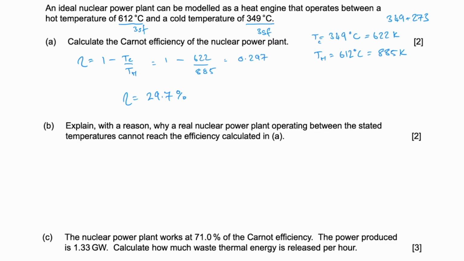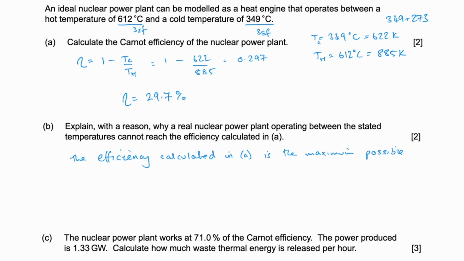B. Explain with a reason why a real nuclear power plant operating between the stated temperatures cannot reach the efficiency calculated in A. As you remember, the Carnot cycle is the most efficient heat engine. So the efficiency calculated in A is the maximum possible efficiency of a heat engine.